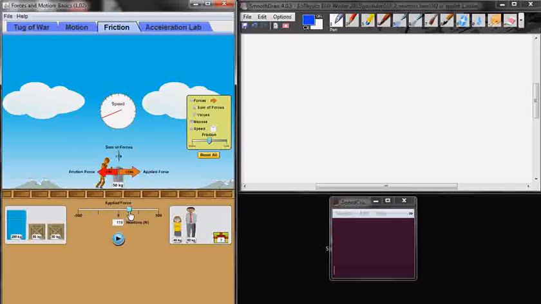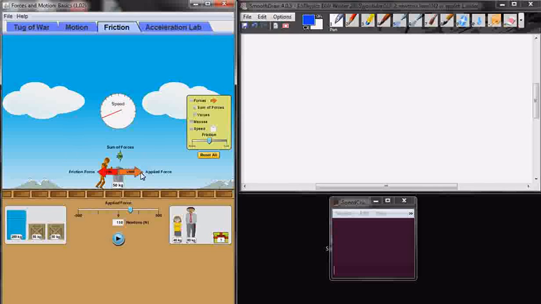So, for example, let's give this 150 newtons, like that. I have a 150 newton force to the right and a 125 newton force to the left, the latter being the frictional force and the former being the applied force.